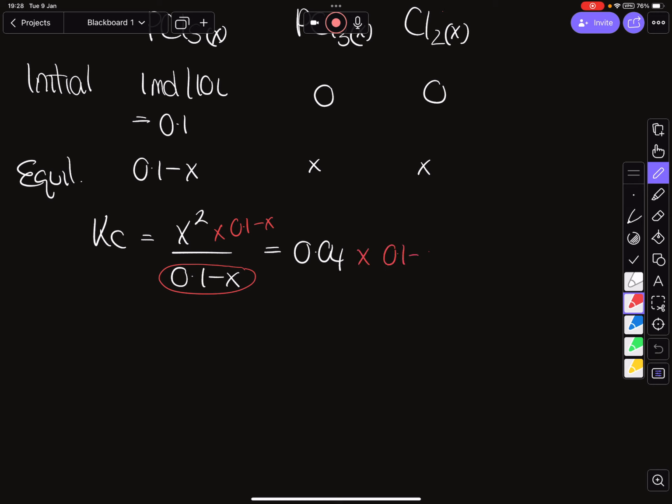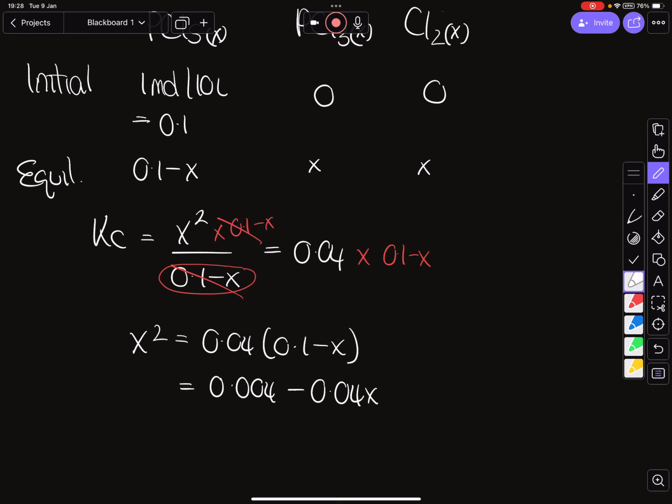These guys will cancel out, so I will be left with x squared is equal to 0.04 by 0.1 minus x. So I need to do this multiplication on the right hand side. When I do this, I get 0.004 minus 0.04x, and that has x squared on the other side.